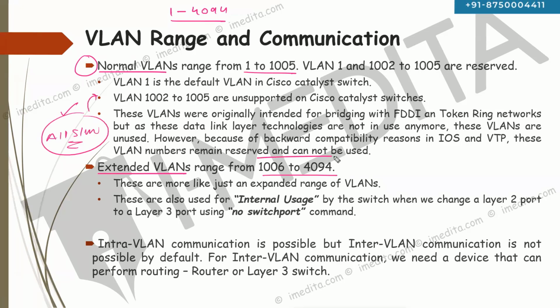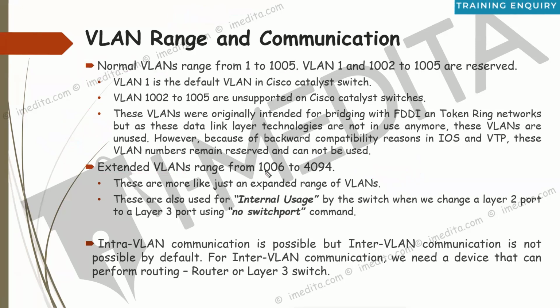But will you be able to create these VLANs on the switches or not? That is dependent on the configuration of a protocol called VTP, VLAN Trunking Protocol, which we will study later on. Based on the VTP configuration, either we will be able to create these VLANs or we will not.